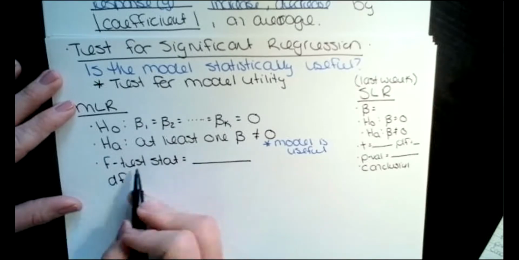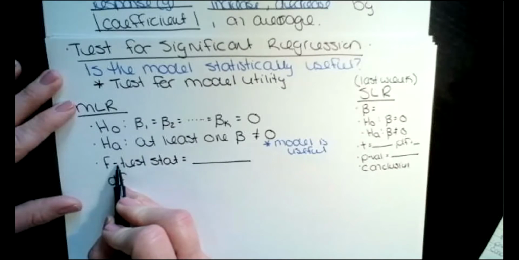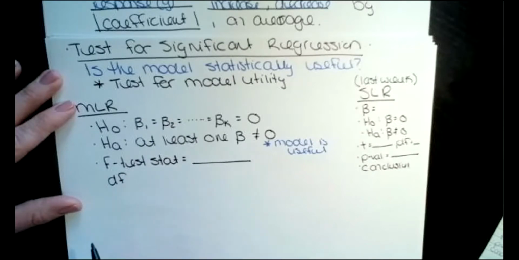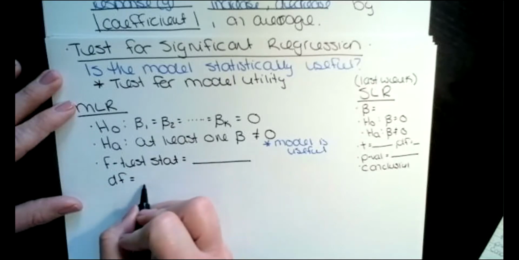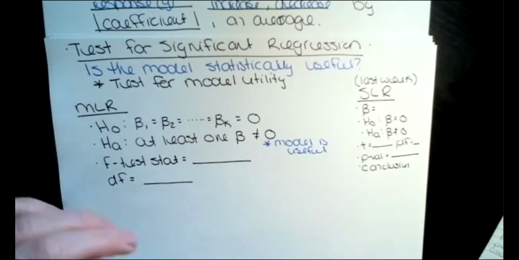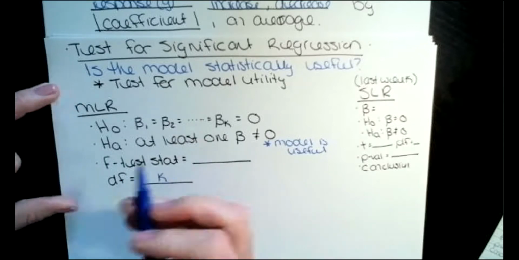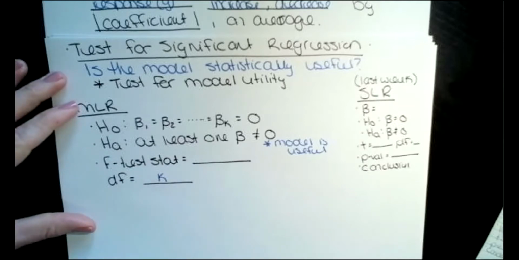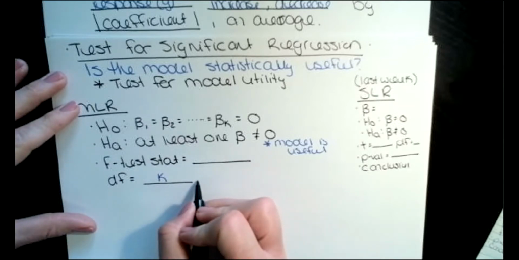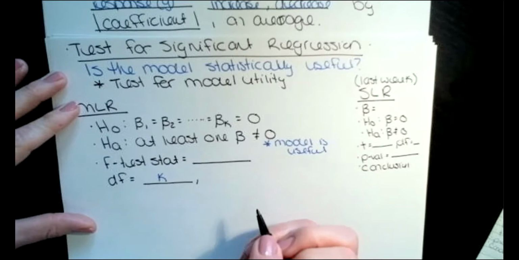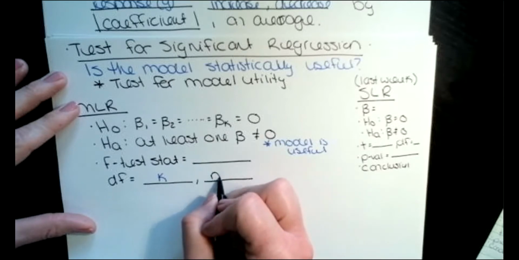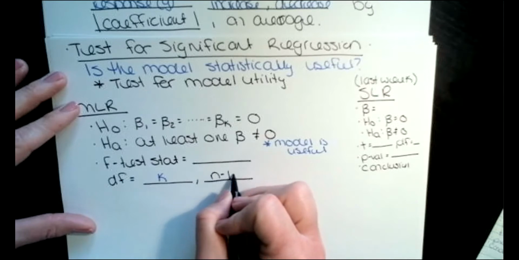And remember, since I'm reporting an F, it's a fraction, I have 2 degrees of freedom. So my degrees of freedom here will be k. So remember what I said, what k was. k is the number of predictors in the model. So it's easy to identify, but it's given to you in your ANOVA as well. And the second one is what we talked about last week, which was n minus 1 minus k.